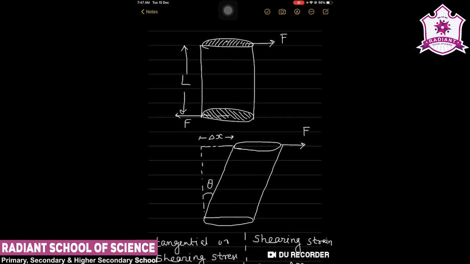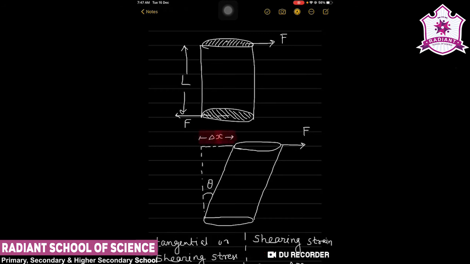Here this is one face of the cylinder, and this is the second face of the cylinder. When this external force is applied on the body parallel to the surface, it experiences a relative displacement, and that is defined as tangential stress.